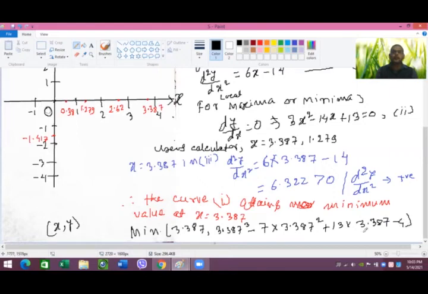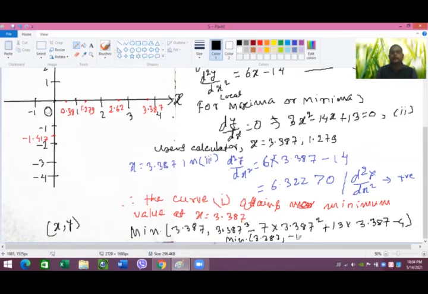Now go to the calculator and calculate this value. The minimum point you'll get will be 3.387, and the y coordinate for this is minus 1.417.